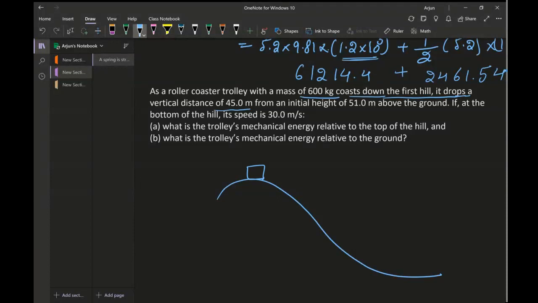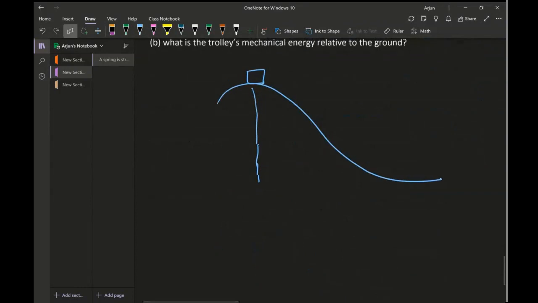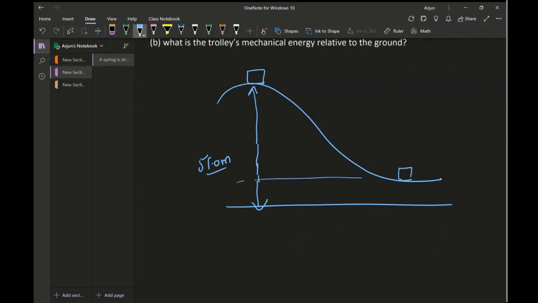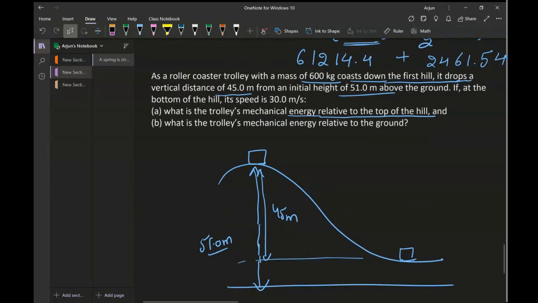This trolley moves 45 meters in the downward direction from a total height of 51 meters, so I'm going to say this total height is 51 meters, and it moves down to a height of 6 meters.